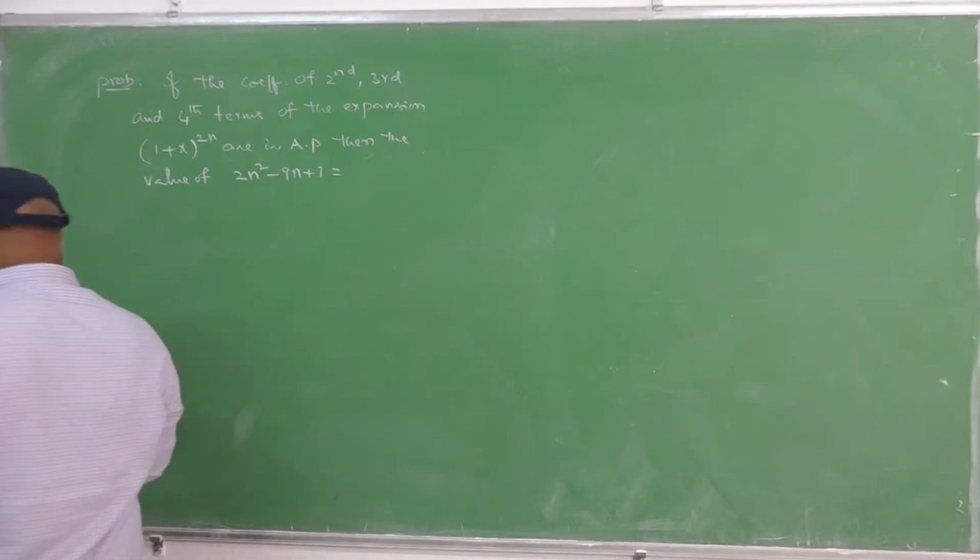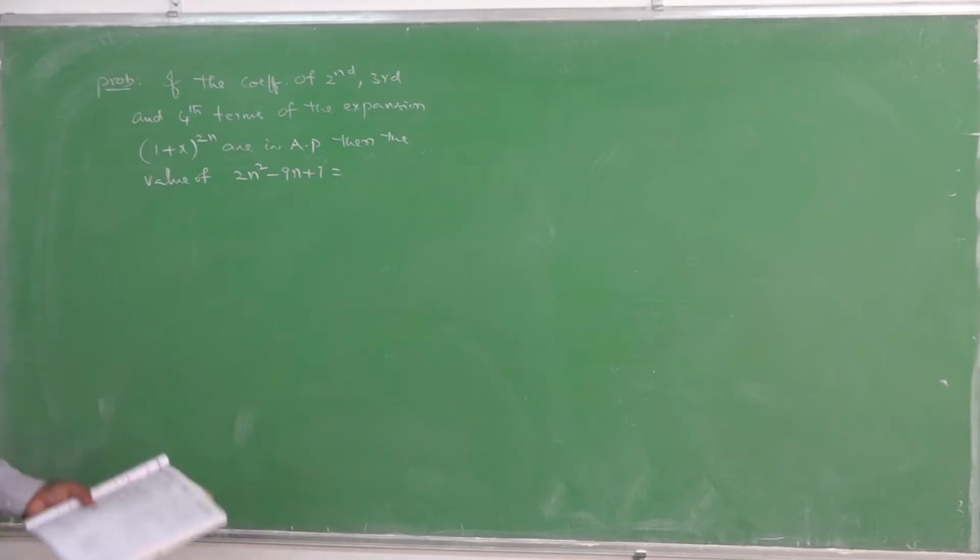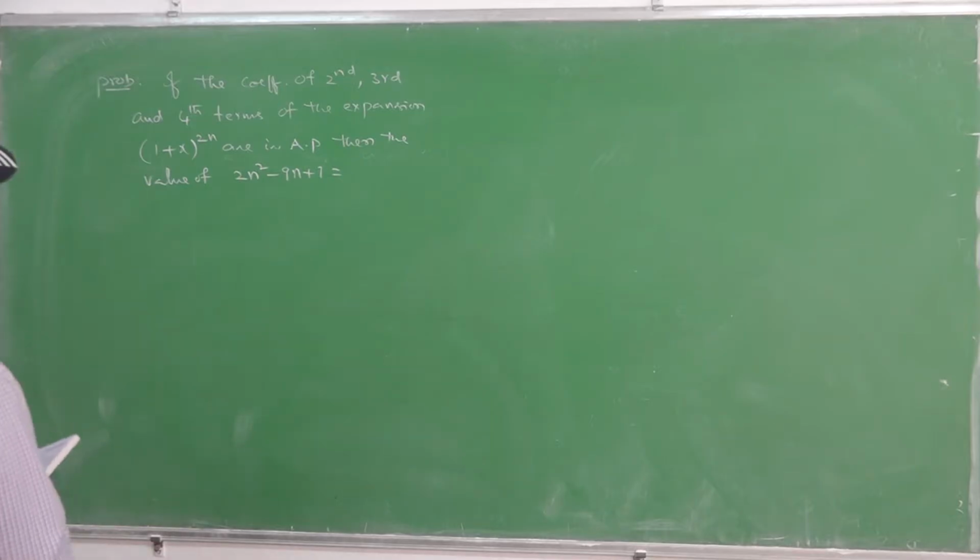If the coefficients of second, third, fourth terms of the expansion, coefficients of these successive terms of the expansion are in AP, then the value of 2n² − 9n + 7 is. Okay.